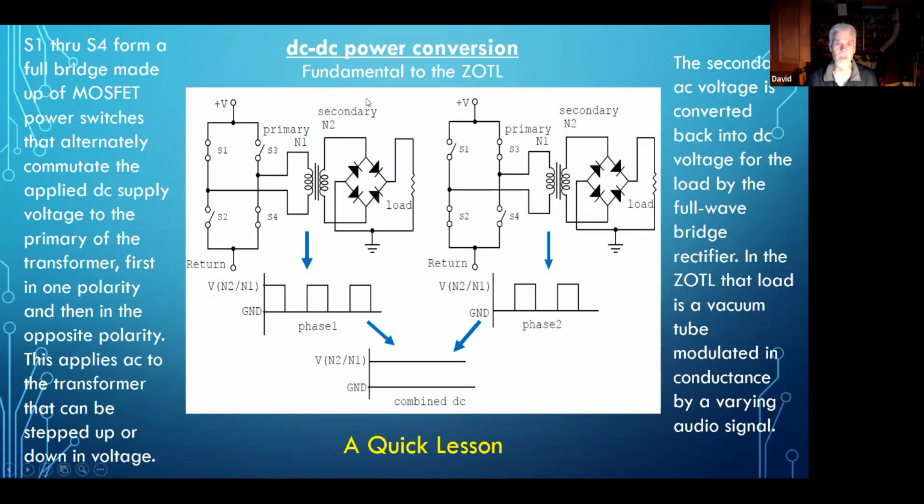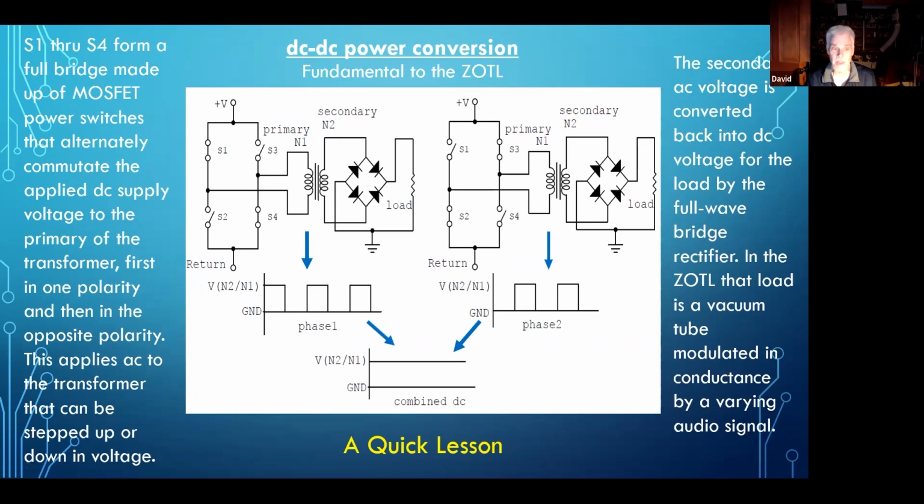So let's look at this part of the circuit. Switch 1 through switch 4 form a full bridge made up of MOSFET power switches that alternately commutate the applied DC voltage to the primary of the transformer, first in one polarity and then in the opposite polarity.